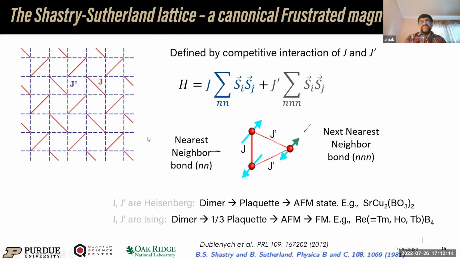You basically have three degenerate solutions where one bond is satisfied and the other two bonds will never be satisfied. So you will always have frustration. If you take this triangle and extrapolate it to a big lattice, like a Shastry-Sutherland lattice in this case, then all the bonds are frustrated, and you sometimes get infinitely degenerate ground states. Infinitely many solutions.